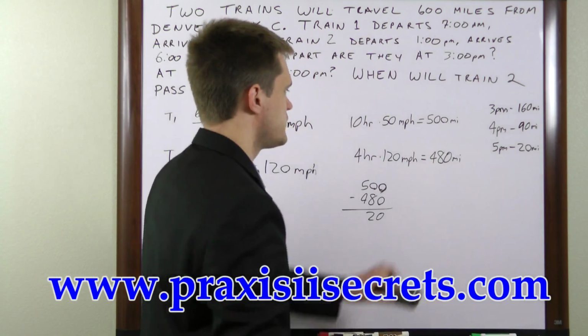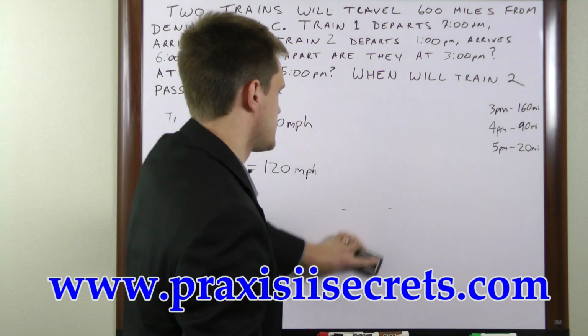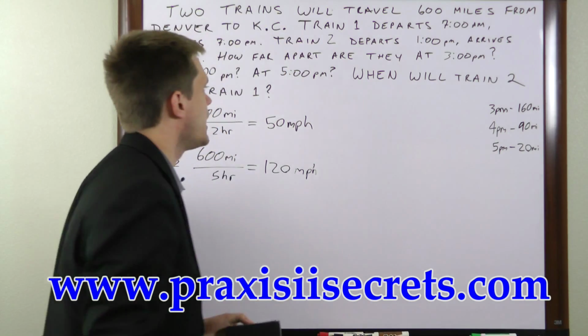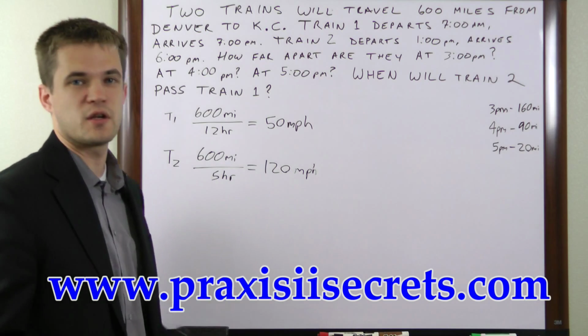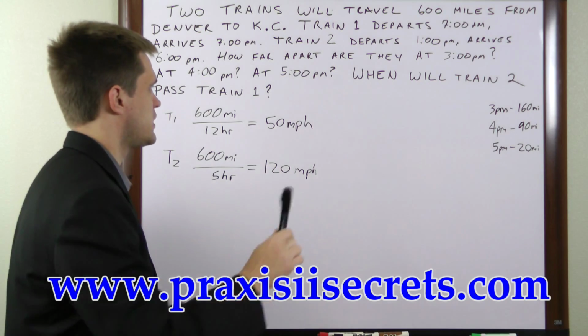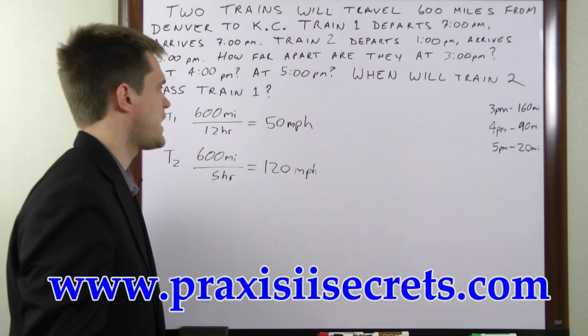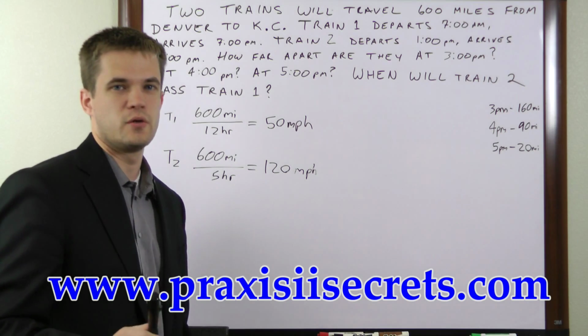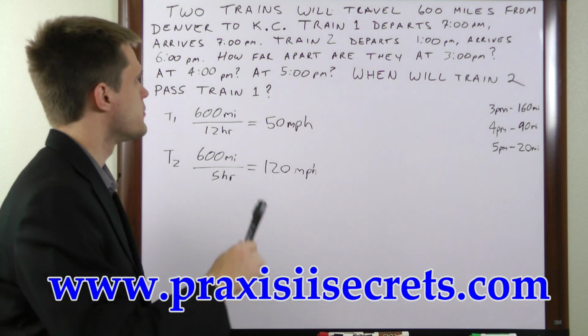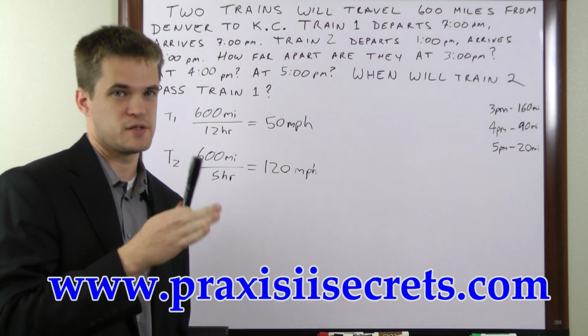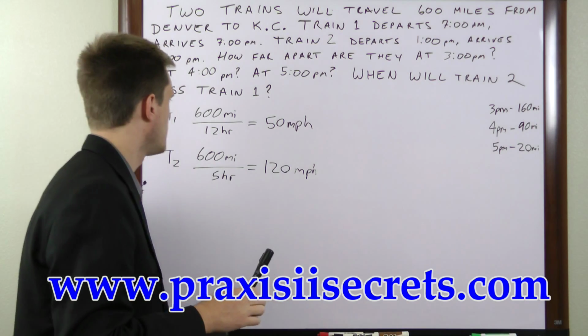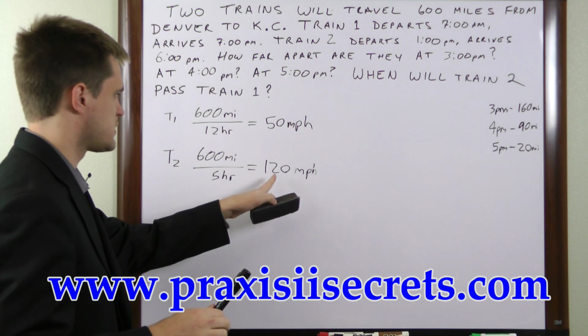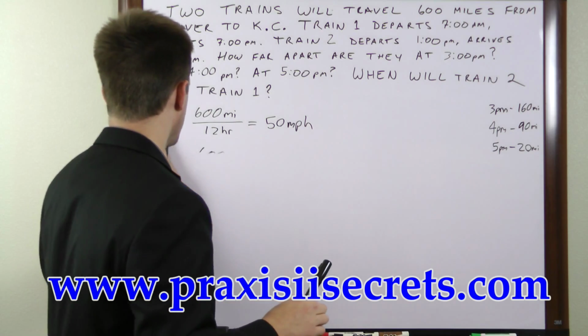All right, so we've answered now 3 of the 4 questions in this problem. Now what we need to do is find an equation that will tell us when train 2 will pass train 1. So to do that, we need to describe the position of the 2 trains and then set them equal to one another. So we know train 1 is 50 miles an hour, train 2 is 120 miles an hour.